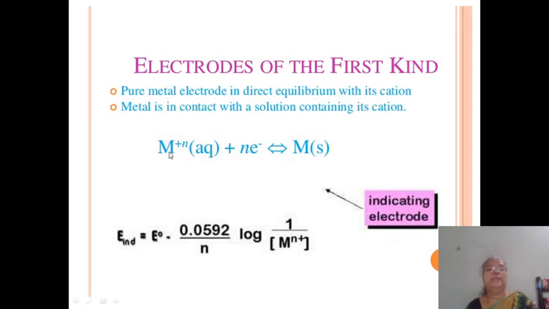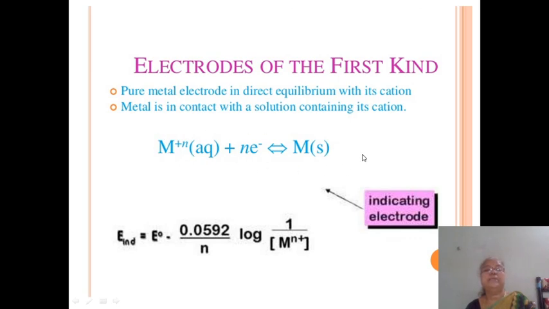Suppose in general the metal is M. Then the reduction of the metal takes place as M raised to n plus plus n electrons gives M, the reduced state. And when we put here zinc, copper, aluminum or silver, you can write the same reactions.